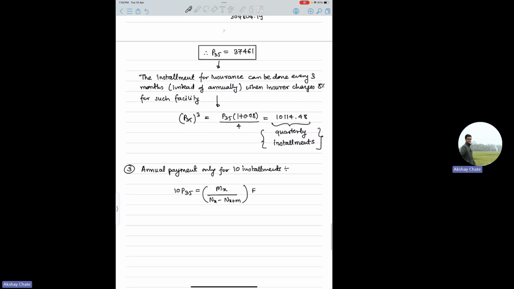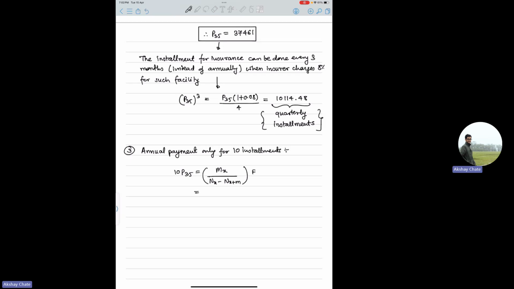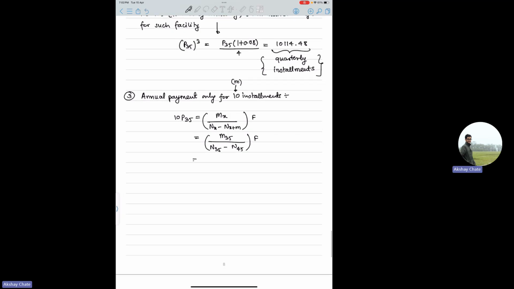So here this will be 35, this will be 35 minus, this will become 45 because m is 10 now. This is your m, and this is F as it is, so that is 40 lakhs. So if you do these calculations, what is M35?